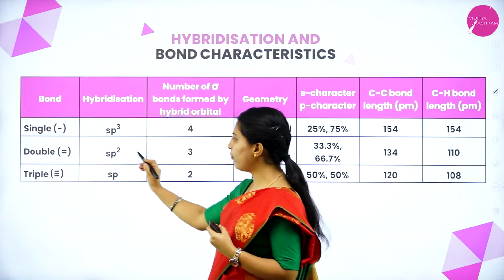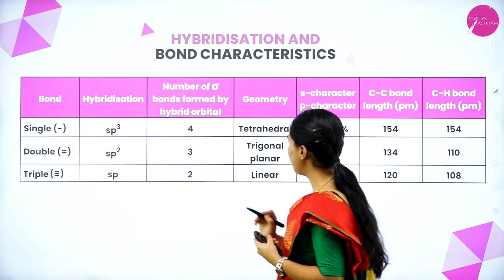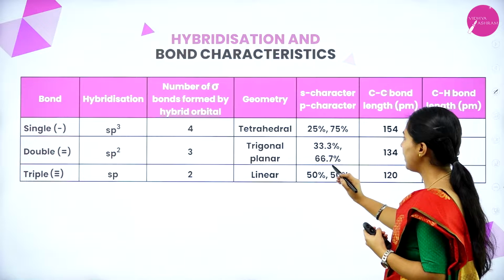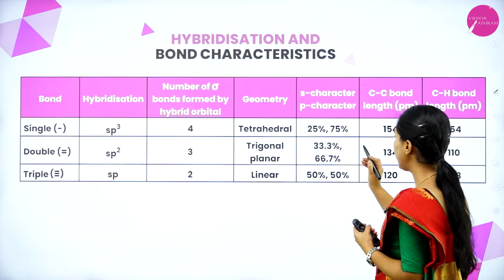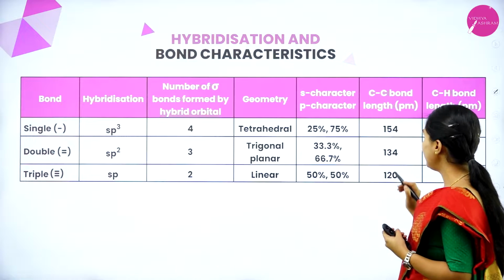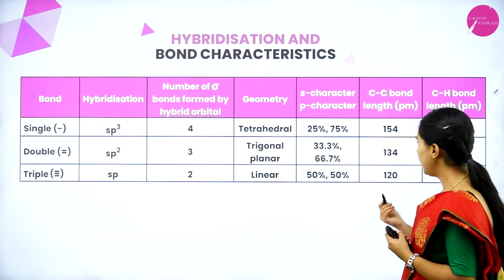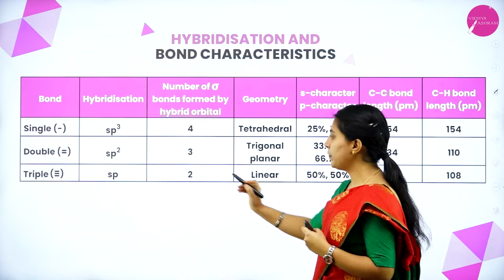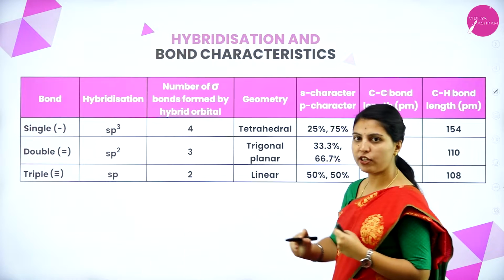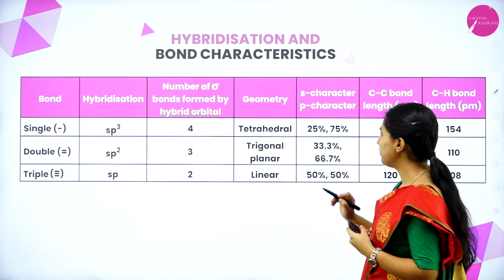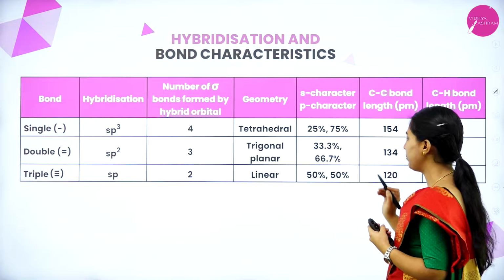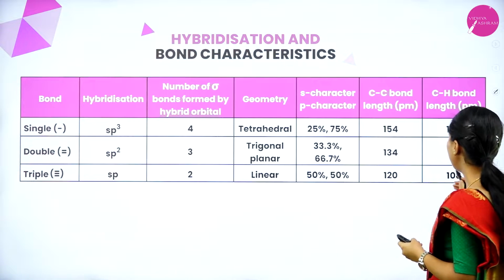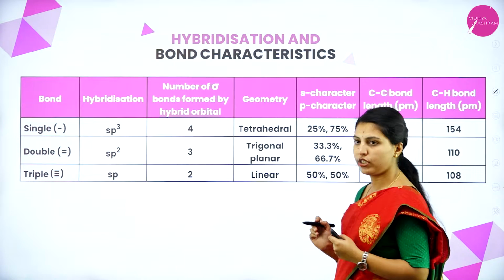In a double bond, it will form sp2, that is 3 bonds forming trigonal planar, with 33.3% s and 66.7% p respectively, and 134 C-C bond length in picometer, 110 C-H bond length in picometer. For a triple bond, sp, the number of bonds is 2, linear, with 50% s character, 120 carbon-carbon bond length, 108 carbon-hydrogen bond length.